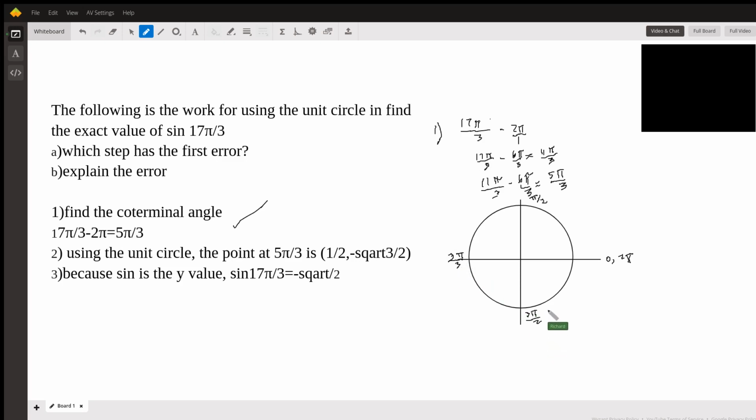Getting pi over 2 in terms of 3, you want a 3 on the bottom, so you multiply the top and bottom by 2 and it's 2 pi over 3.